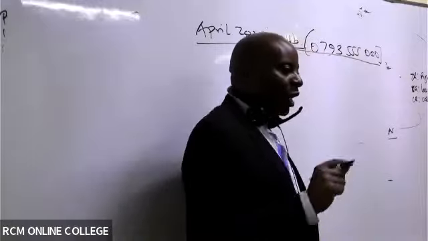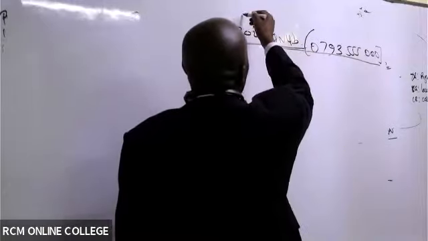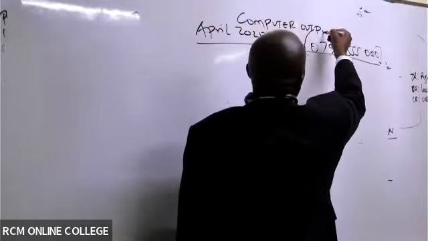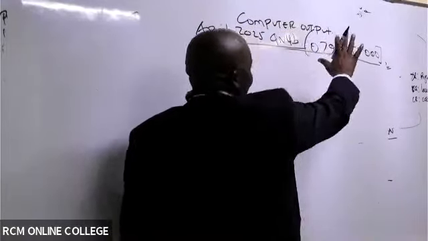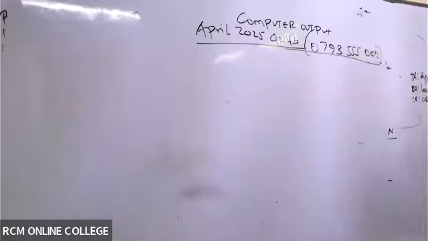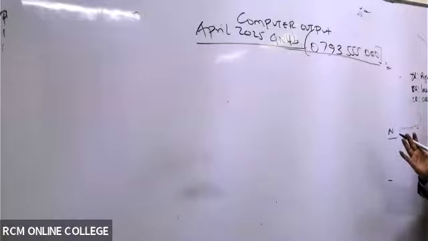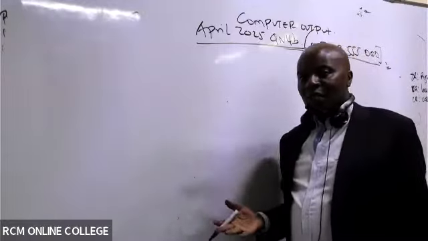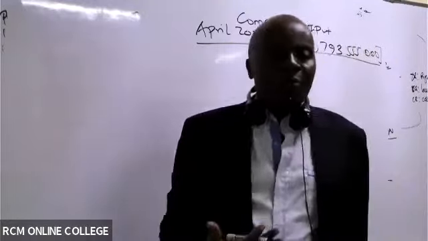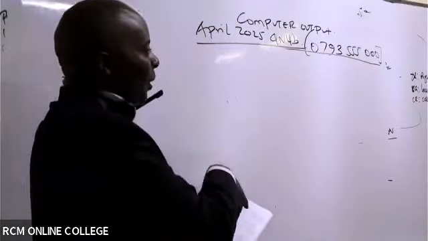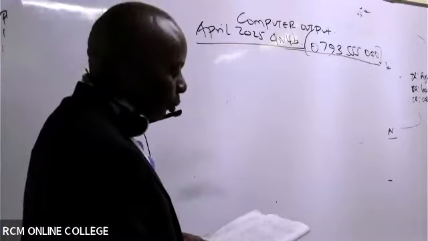What will happen is they will give you a computer output, and then they will tell us to interpret. Such an easy thing. I normally see so many students getting confused with this, and yet this is the easiest. And it is the most common part of this topic in your exams, this computer output.